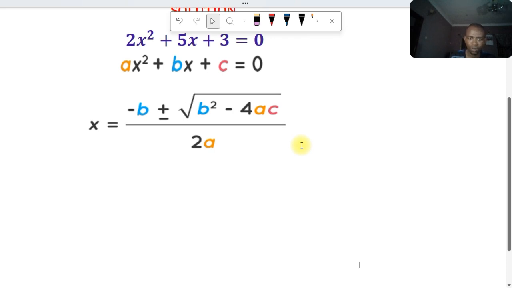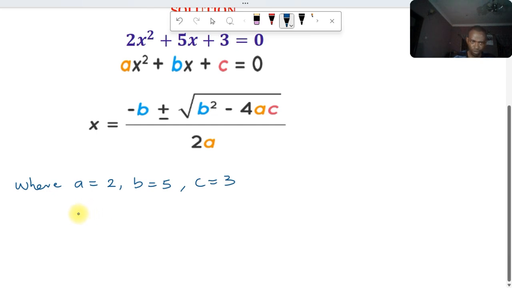So like I said before, a equals 2, b is 5, then c is 3.